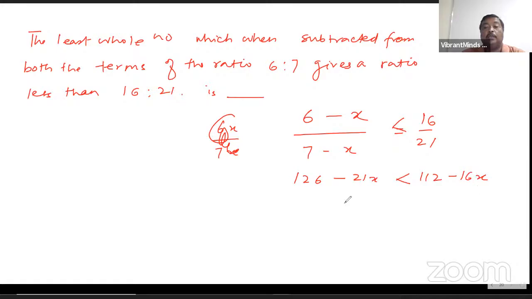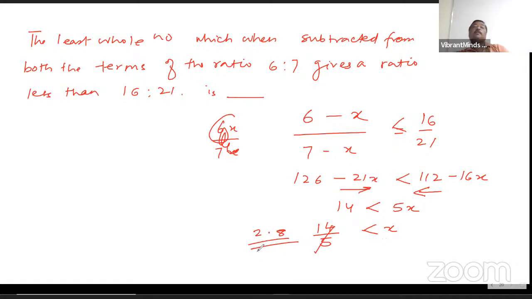So go this way. So this is 14, and 14 is less than 5x. Or can I say x is greater than 14 by 5, or 2.8?